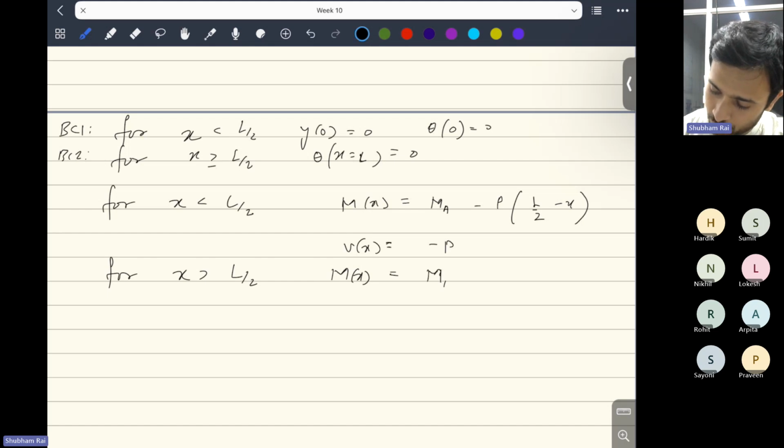MA will be unknown here, you won't be able to find it out. And your Vx will be 0. I mean, MA is unknown, but you will be able to find it out later on. As of now, it is unknown. So this is for x greater than or equal to L by 2, you can write it here.